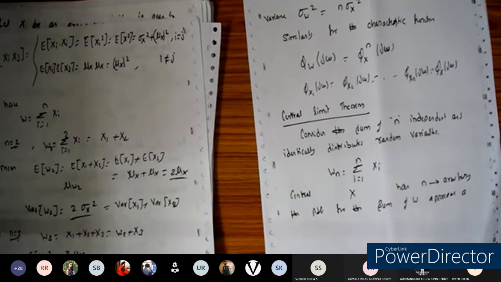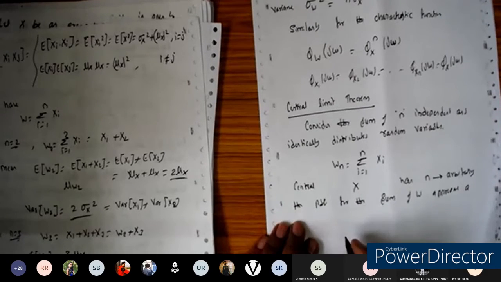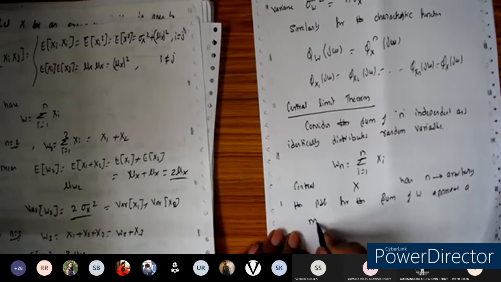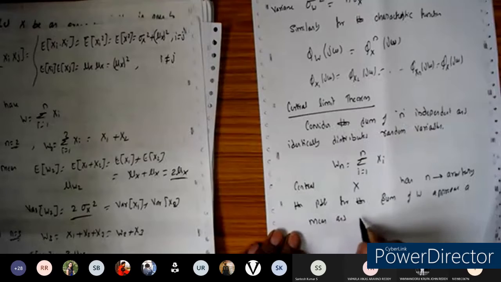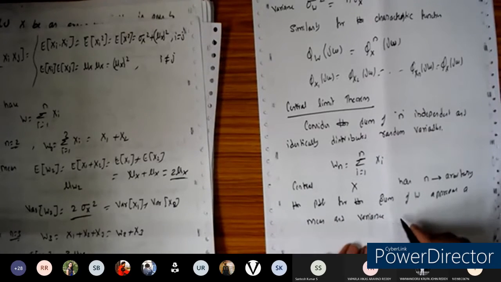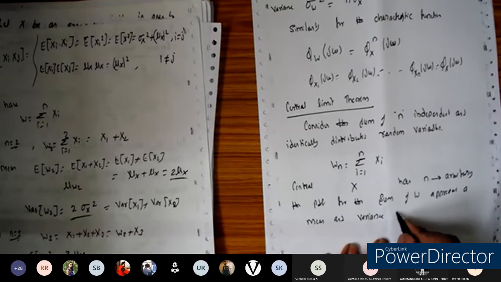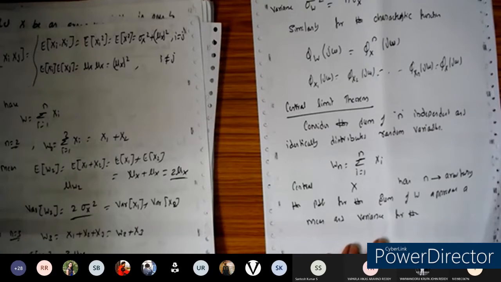And here we have already found the mean and variance, so you can take the mean and variance for the approximate Gaussian random variable.